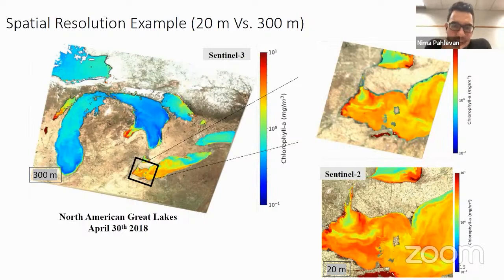And you can see that while the two sets of maps from two different missions are quite consistent in terms of chlorophyll A values, more information can be revealed from Sentinel-2, especially around nearshore waters, which are quite masked and flagged by Sentinel-3. So it's just something to keep in mind, that you have to pick and choose the right satellite system and observations or products for your application. Next.